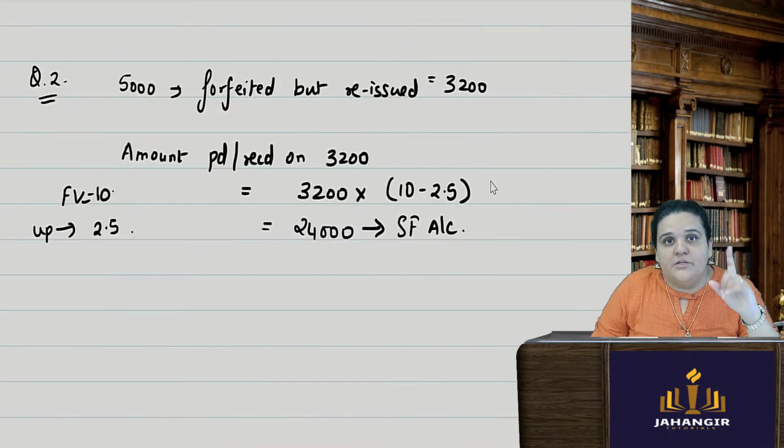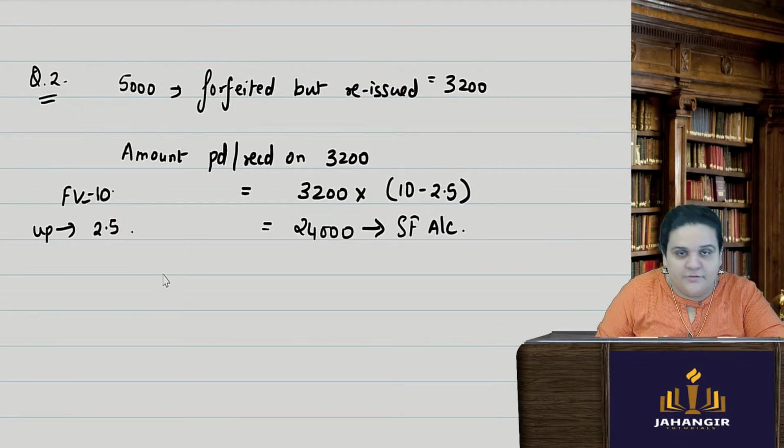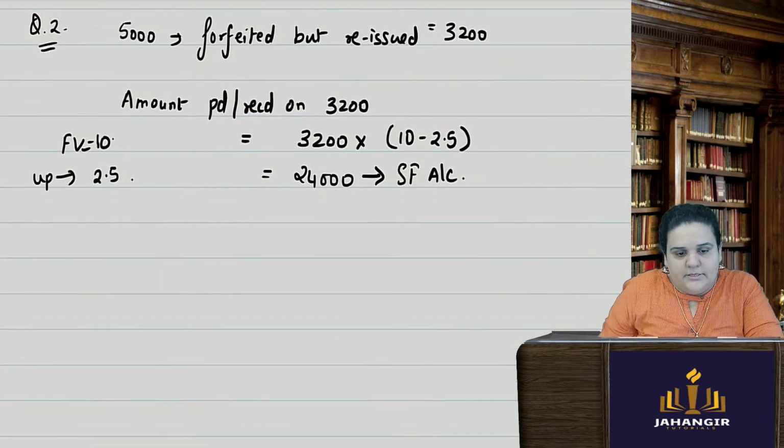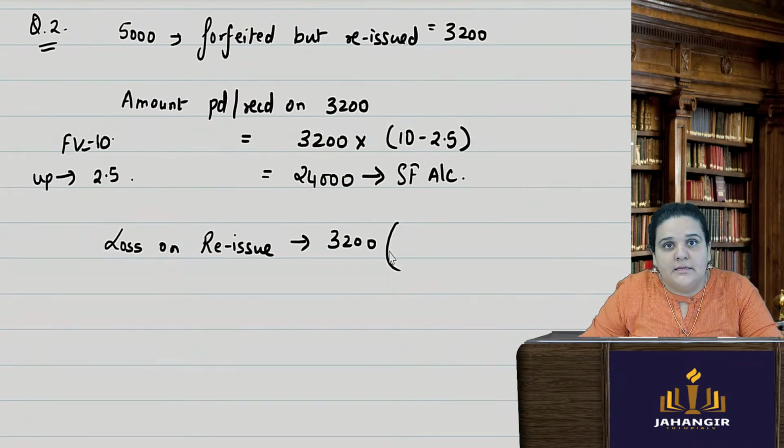I have taught you all, share forfeiture is always the paid amount on the face value. 24,000 is there in share forfeiture, as per 3,200 shares. Now loss on reissue. 3,200 shares are reissued at rupees 8 per share.